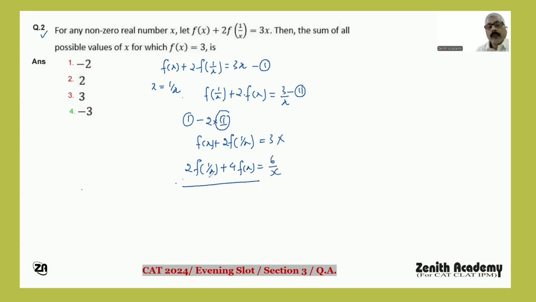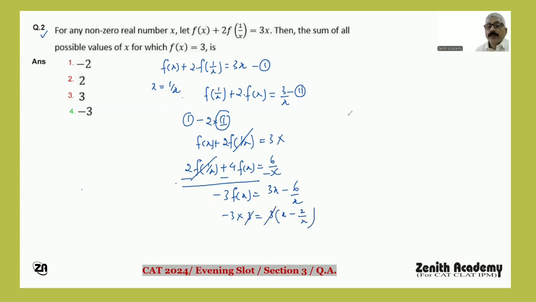Subtract it. Now the 2 f of 1 upon x and 2 into f of 1 upon x cancel, and f(x) minus 4f(x) is minus 3f(x). And here it is 3x minus 6 upon x. f(x) is 3, so you can put here minus 3 into 3, and 3 you can take common, and this is x minus 2 by x, this cancels.